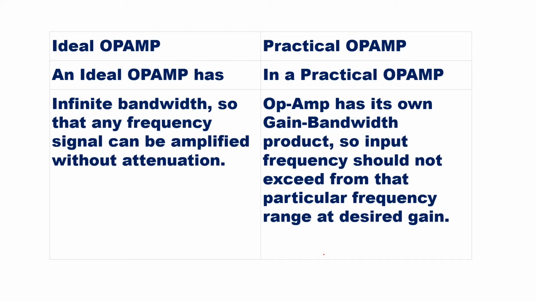So practically you have some value of bandwidth, but ideally we say the bandwidth is infinite. Practically the value of bandwidth is high, but it has some range, whereas it is infinite in an ideal op-amp.